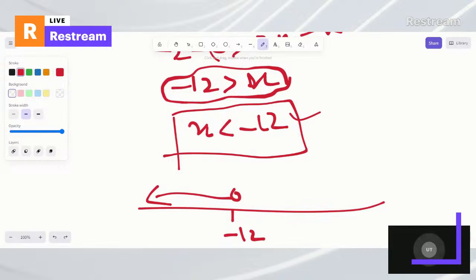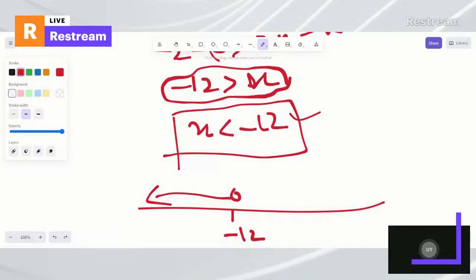Now let's come on to the graph questions. Graph questions are comparatively really easier.